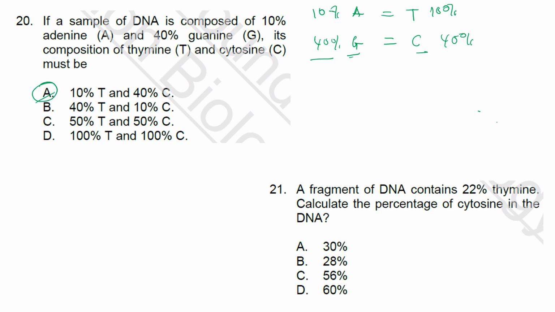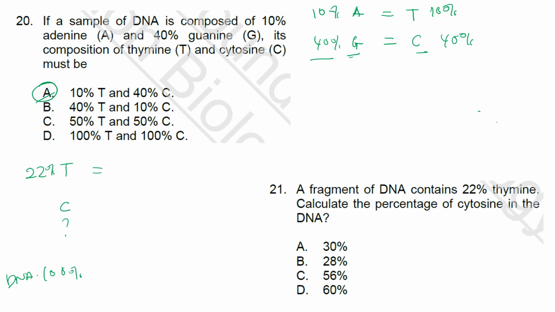Question 21. A fragment of DNA contains 22% thymine. Calculate the percentage of cytosine in the DNA. The information given here is just enough for you to calculate the percentage of cytosine. The total amount of DNA is 100%.